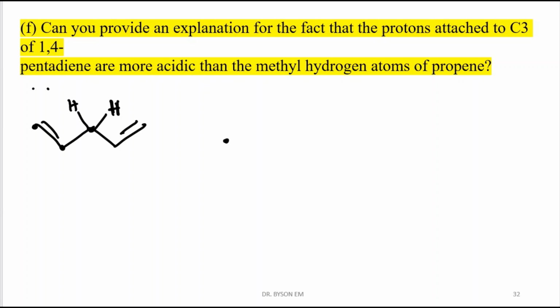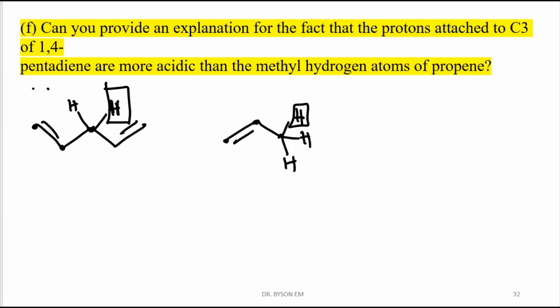So propene is like this: 1, 2, 3. The methyl is this one, the hydrogens that are attached here. So explain why these hydrogens here are more acidic than this.